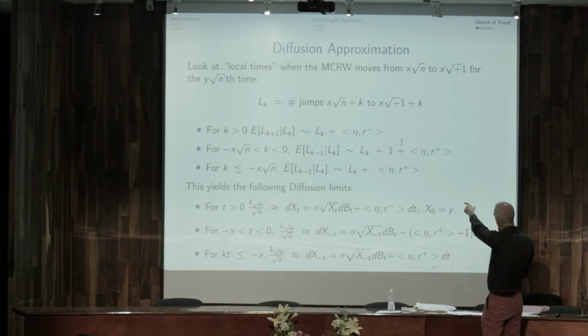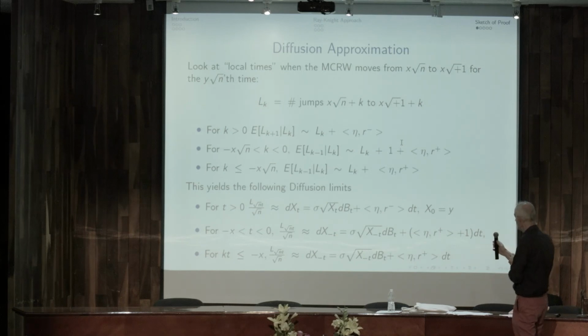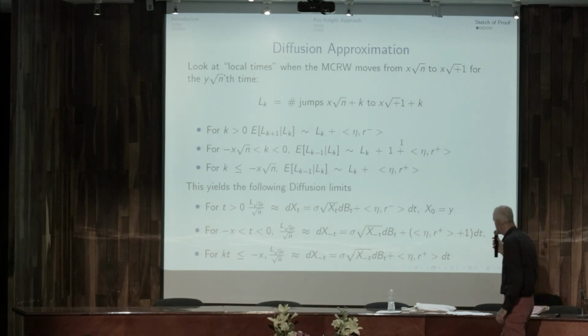But apart from that, I don't want to dwell too much on this, but what we're going to see is that these are going to behave like the following processes when you renormalize them. They're going to behave like multiples of square Bessel processes.